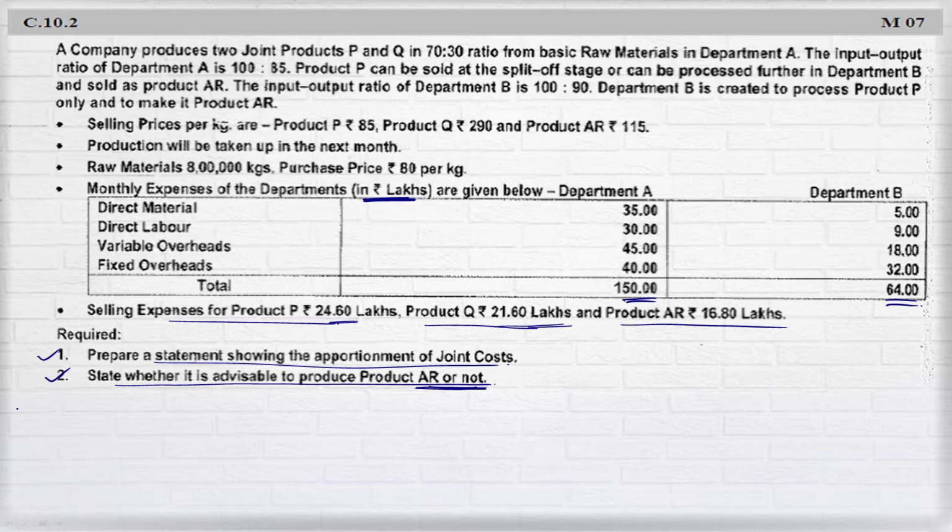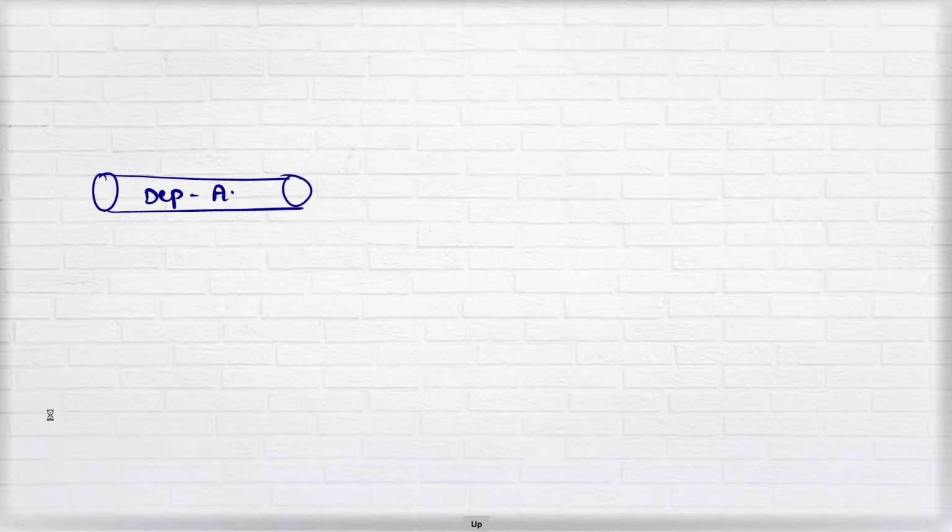joint product and byproduct. A company produces two products P and Q from department A. So, this is your department A. Which joint product are manufactured?